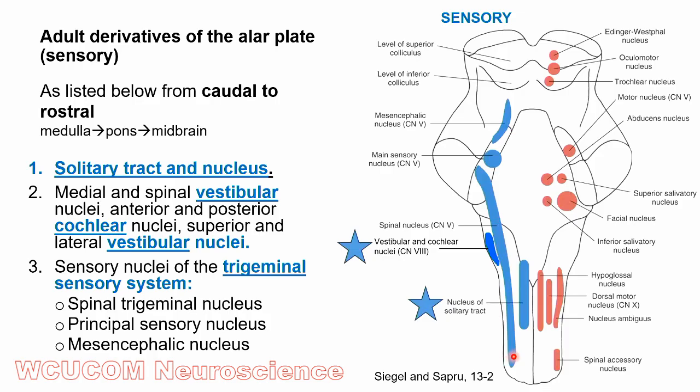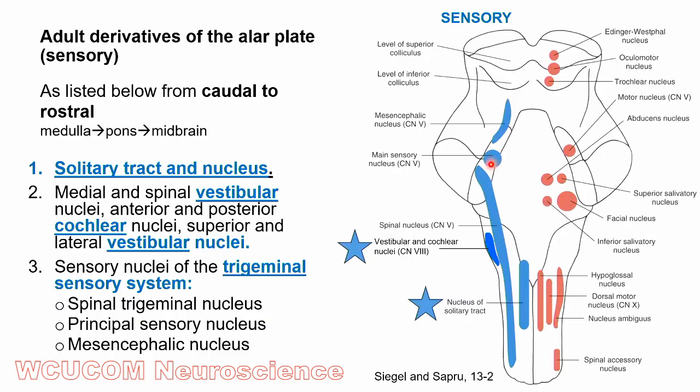So the equivalent function for the trigeminal system dealing with nociception and thermal information is in this long column. And then your main sensory nucleus, mid-pons, is the one that deals with vibratory sense and fine touch.